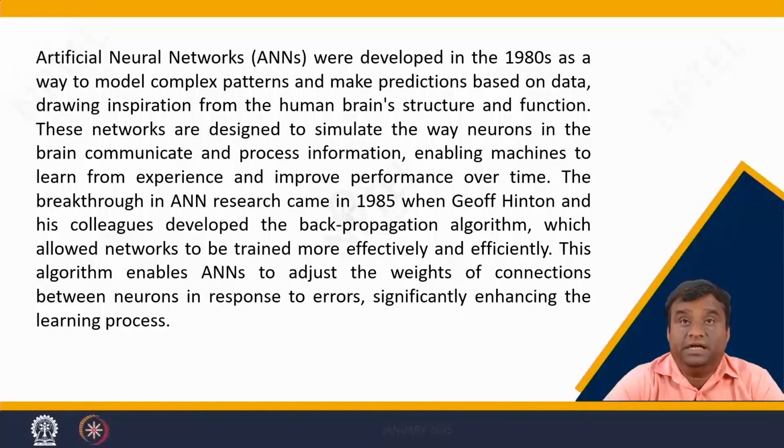These networks are designed to simulate the way neurons in the brain communicate and process information, enabling machines to learn from experience and improve performance over time. The breakthrough in ANN research came in the year 1985 when Geoffrey Hinton and his colleagues developed the backpropagation algorithm, which allowed networks to be trained more effectively and efficiently.